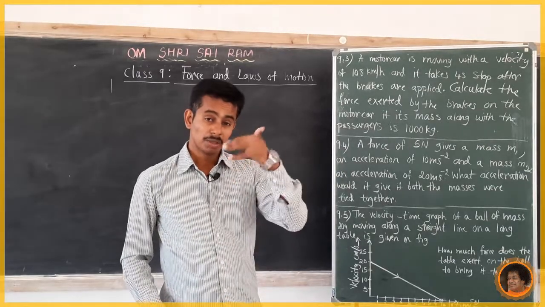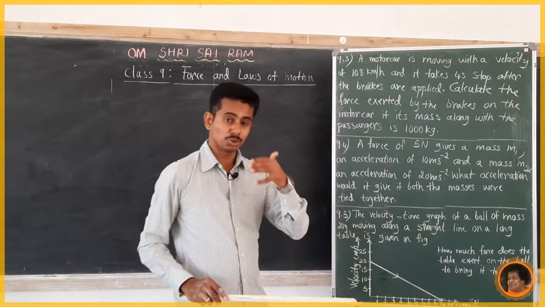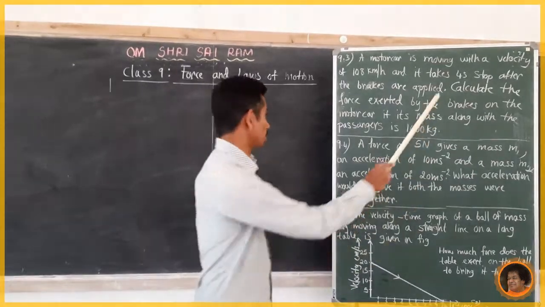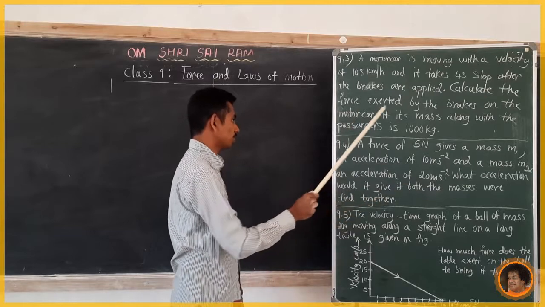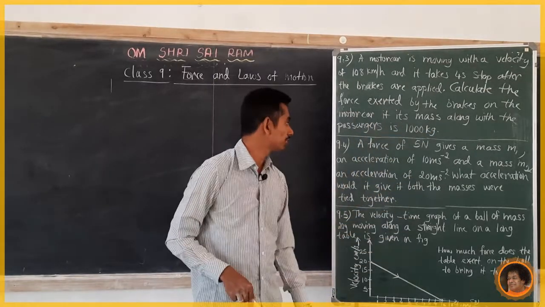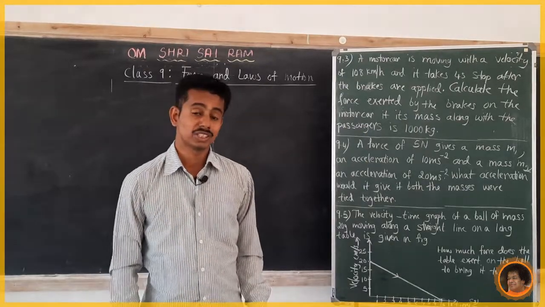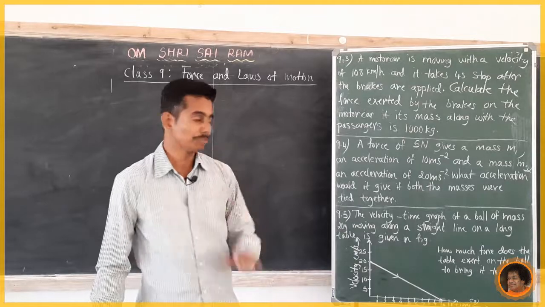Brakes are applied means it reaches rest. Calculate the force exerted by the brakes on the motor car if its mass along with the passengers is 1000 kg. So, what is the mass? Mass is 1000 kg.